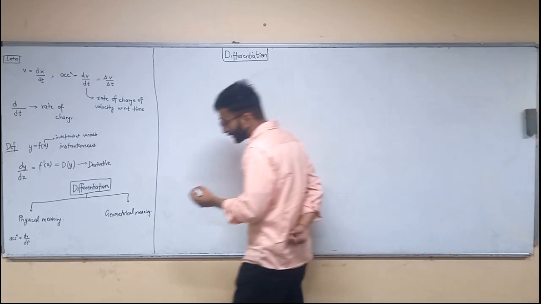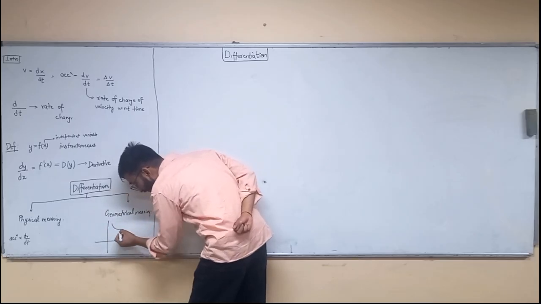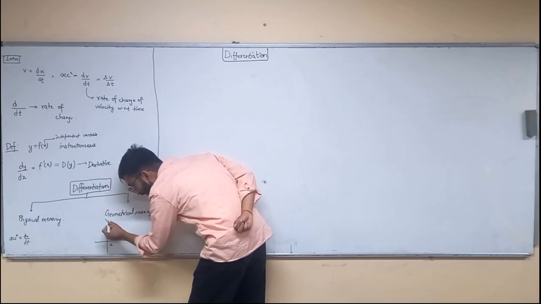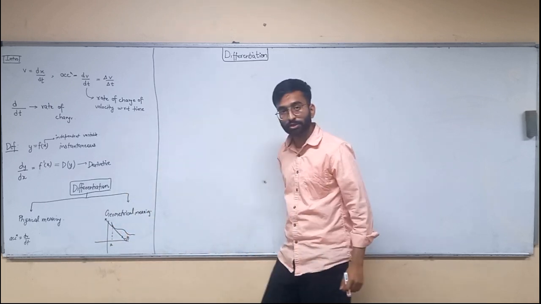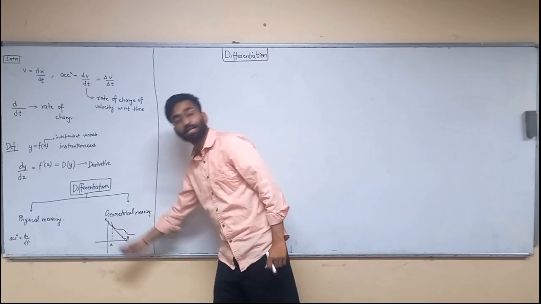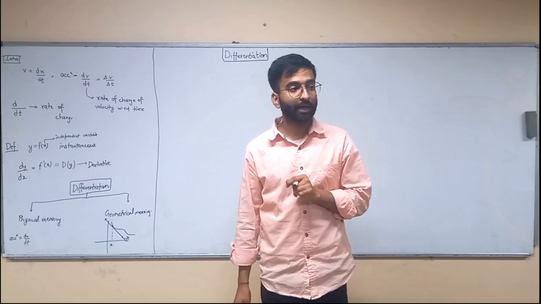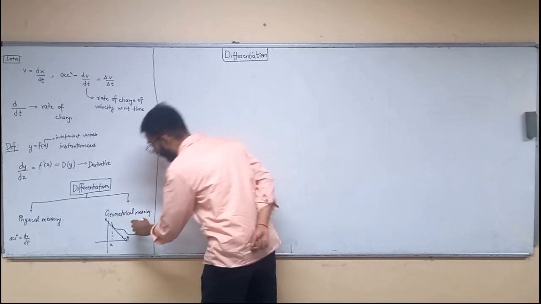So, what is the geometric meaning? Let's suppose I have a curve like this, and this is my point A. At that point, the tangent is drawn, this is my tangent, and this is my angle theta. Theta is the angle of that tangent at the given point. Then the tan of theta is dy by dx.